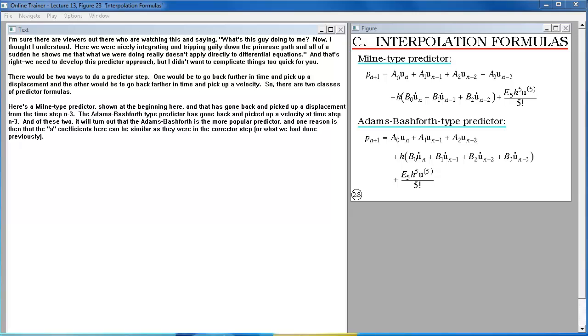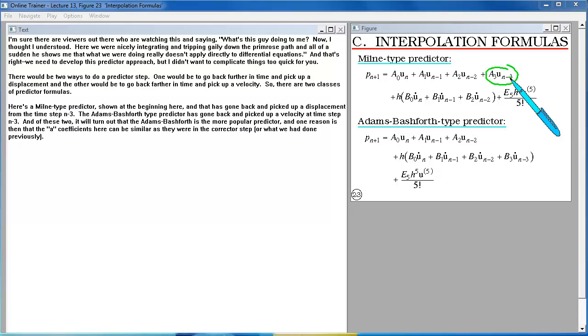Now there would be two ways to do a predictor step. One would be to go back further in time and pick up a displacement, and the other would be to go back farther in time and pick up a velocity. So there are two classes of predictor formulas. Here's a Milne type predictor shown at the beginning here, and that has gone back and picked up a displacement from the time step n minus 3.